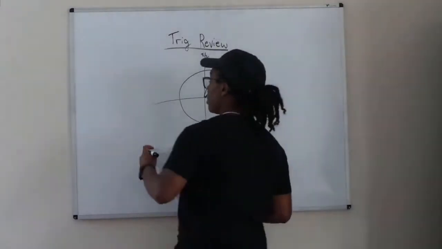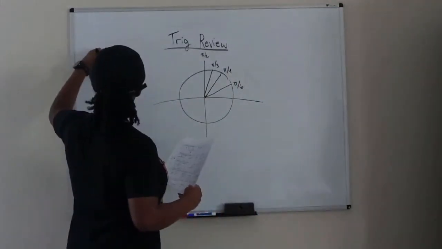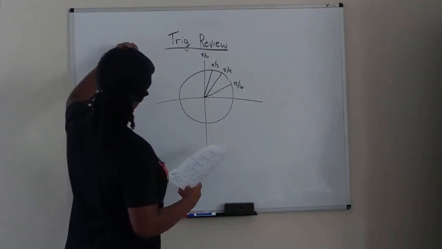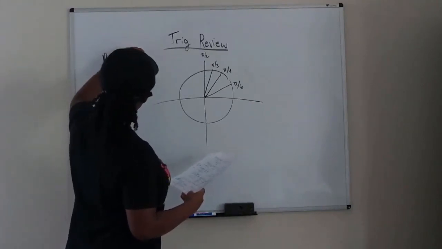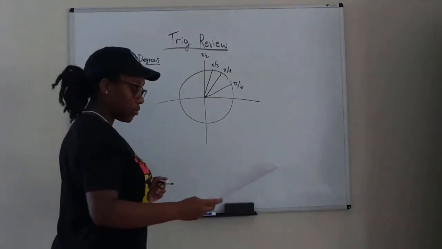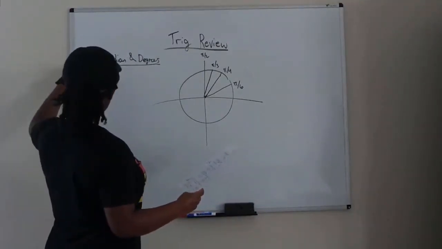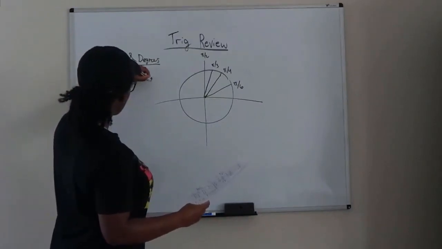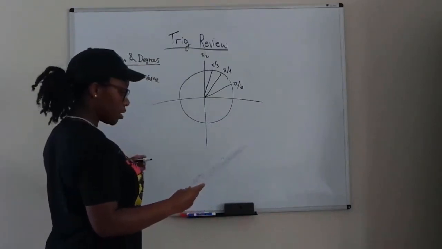And so I'm going to tell you the radians to degrees conversion, just so you will know it, and it's not so daunting. So let's say you start off with a radian measure.